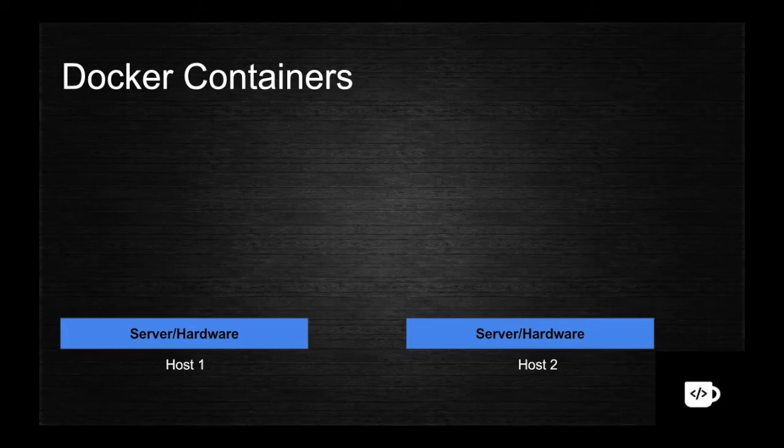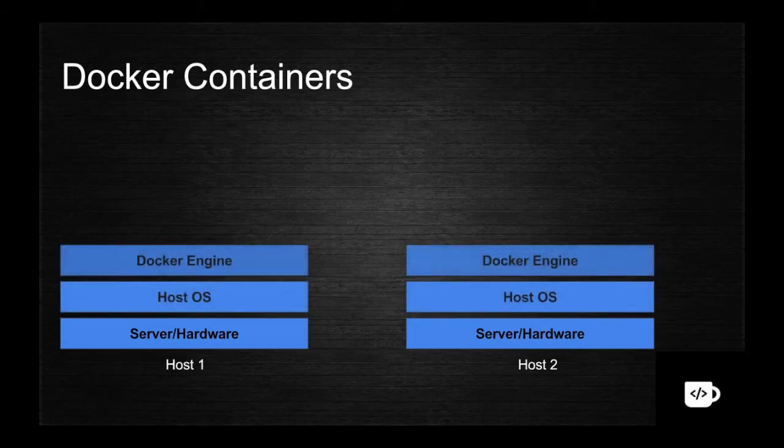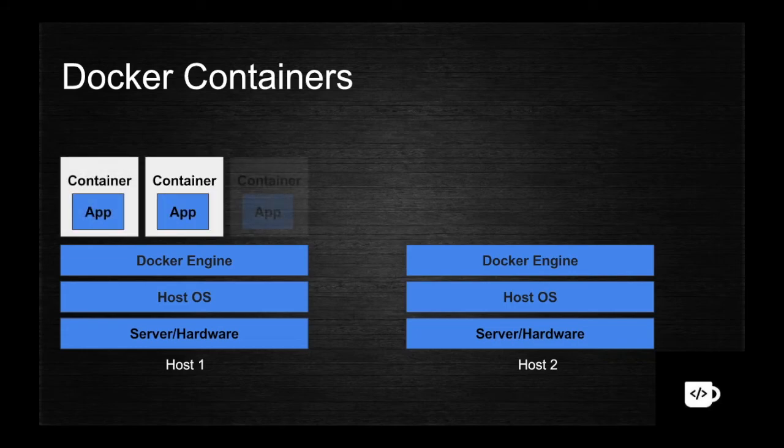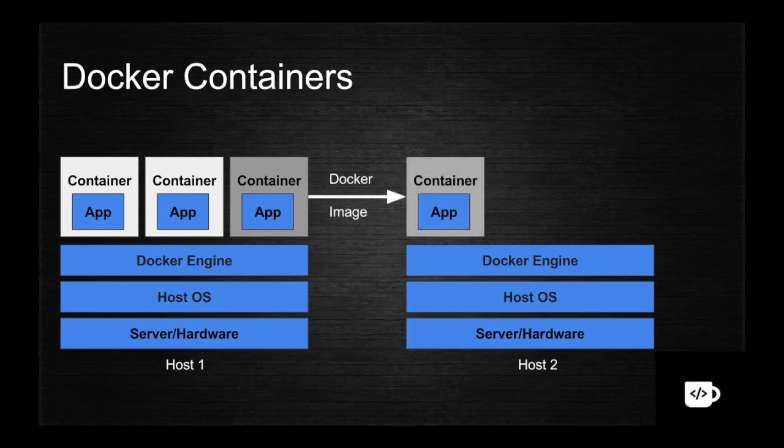The additional advantage of Docker is, let's say there are two different hosts, both having a server, host OS, and the Docker engine running. Now I have some containers running in host 1, and this image can be shipped from host 1 to host 2. You just create an image in host 1, the same image can be shipped to host 2, and you can get that up and running within minutes.